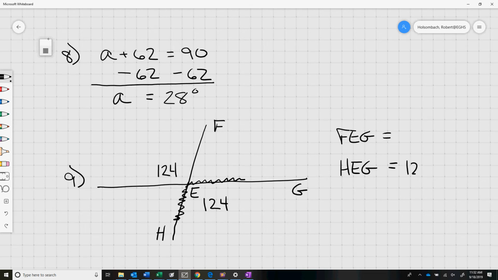The FEG, this blue angle, forms a linear pair with the given angle. These two form this straight line right here, and they have to sum 180. So FEG is going to be equal to 180 minus 124, which is 56 degrees.